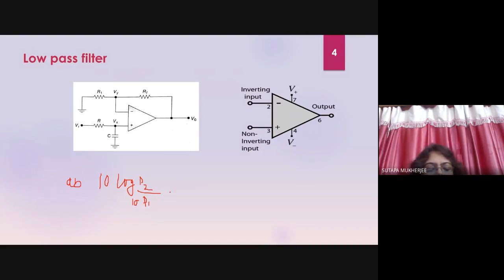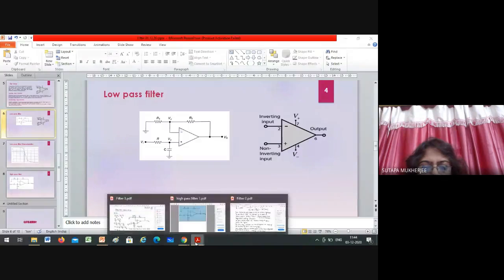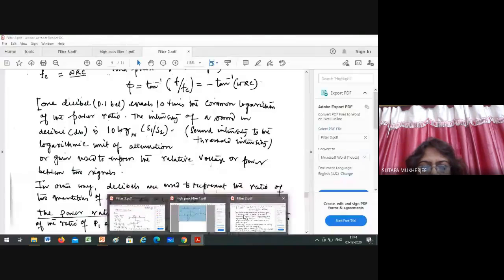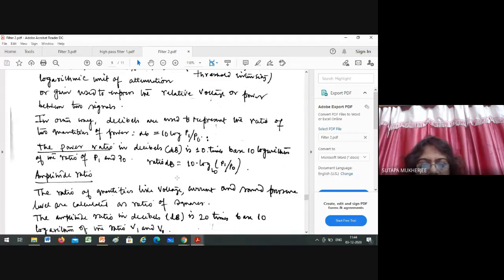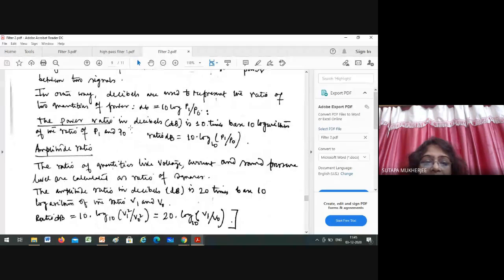Decibels are used to represent the ratio of quantities. The power ratio in dB is 10 log P1 by P0 to the base 10. Now consider the amplitude ratio.